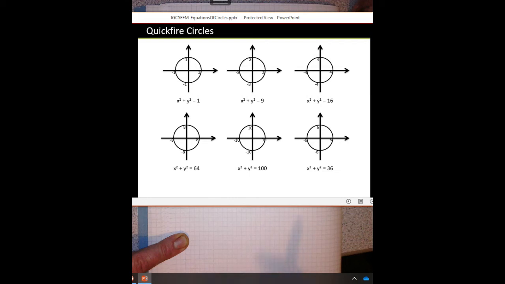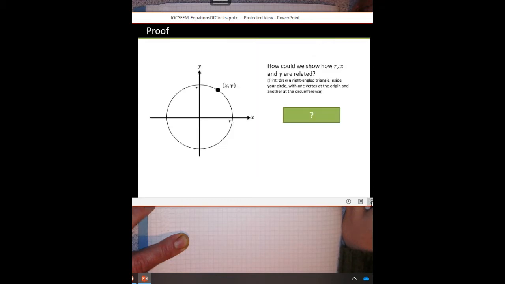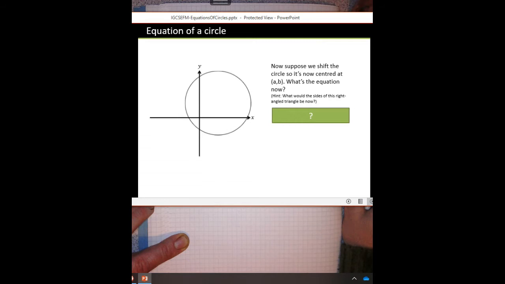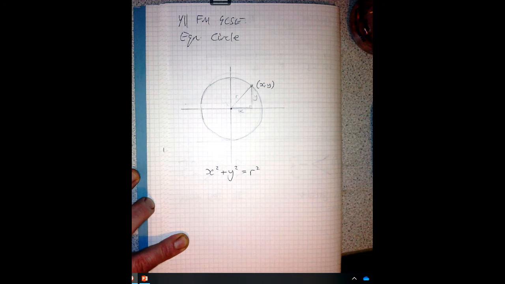Now further maths circles are not centred at 0, 0. So what happens if I move my circle so now it's centred at A, B? Well, I'll show you on my high-tech diagram. There's the axes.